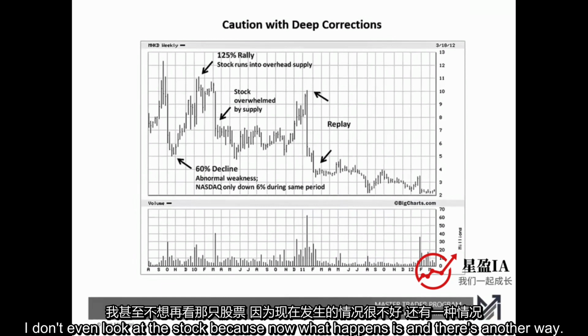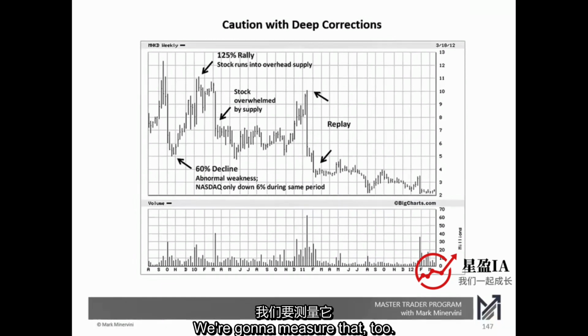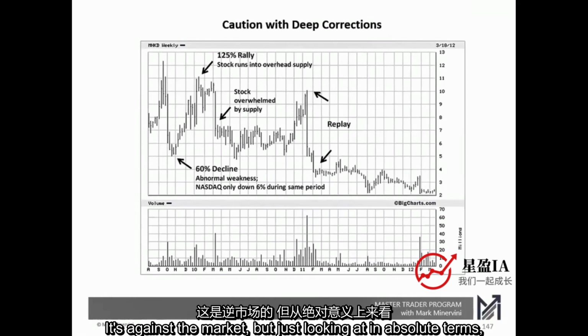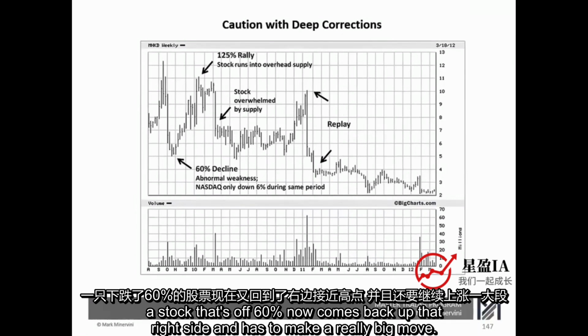And there's another way we're gonna measure that too. It's against the market, but just looking at it in absolute terms, a stock that's off 60% now comes back up that right side and has to make a really big move.